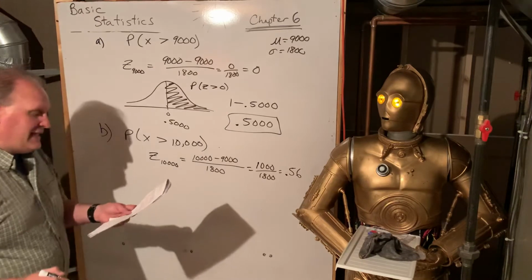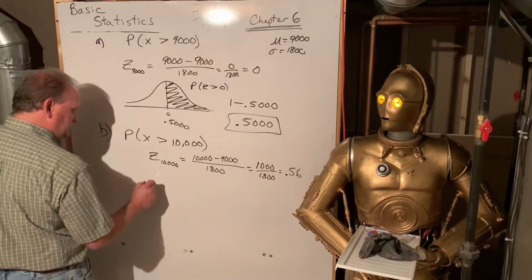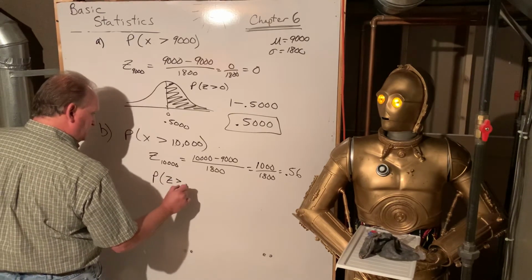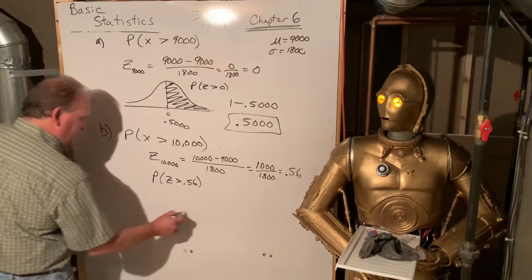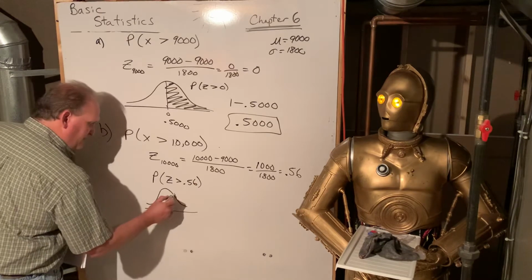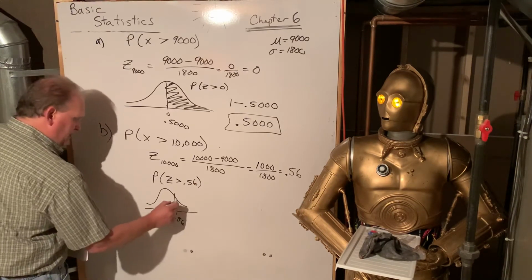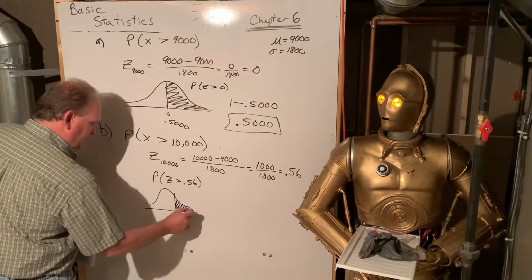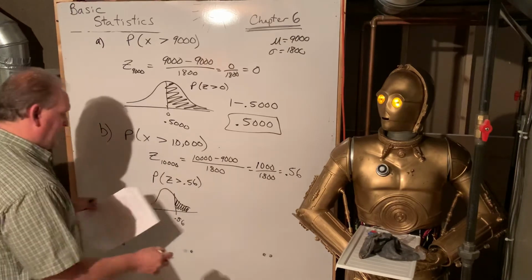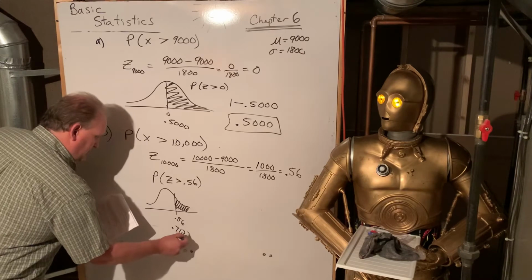And so we look that up, 0.56. We draw ourselves a pretty picture. So a half a standard deviation above the mean. And we want this area above it. And so when I look up that 0.56 on the chart, it reads off 0.7123.